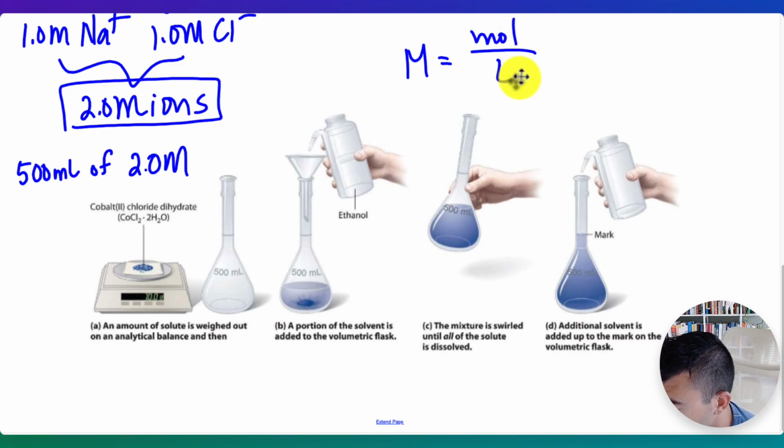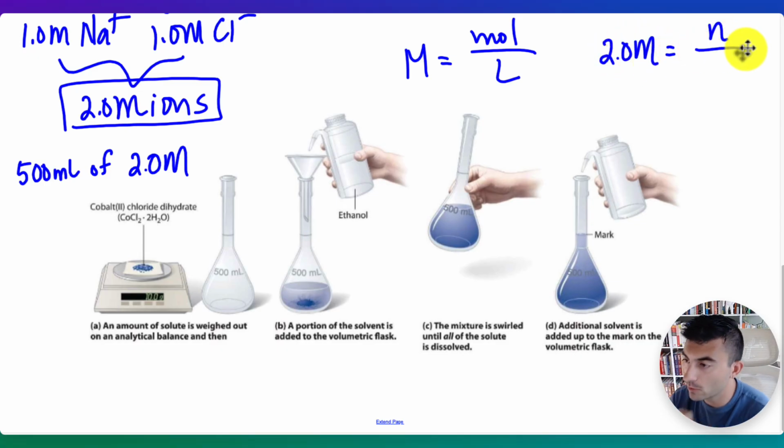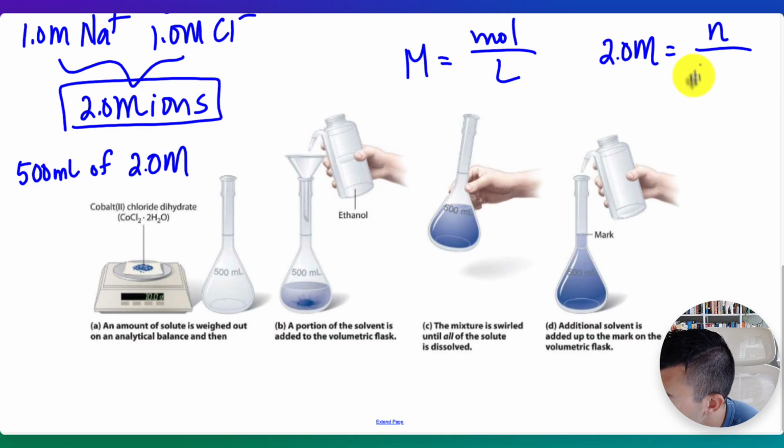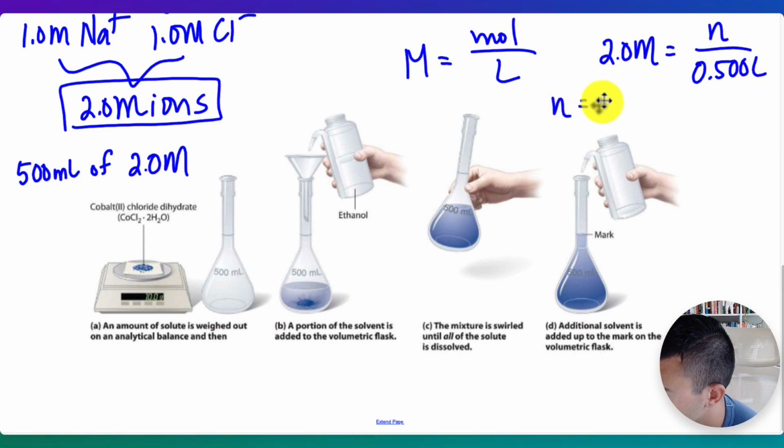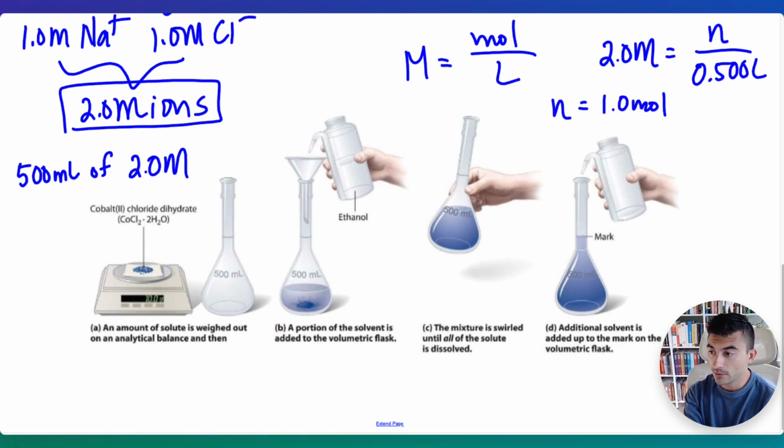It's in moles per liter. So I have molarity, I want a 2 molar solution, and I'm going to find how many moles of solute I need. Liters is 0.5 because I have to convert the 500 milliliters to liters, right? Then I cross multiply and I get that I need 1 mole of solute in this solution.